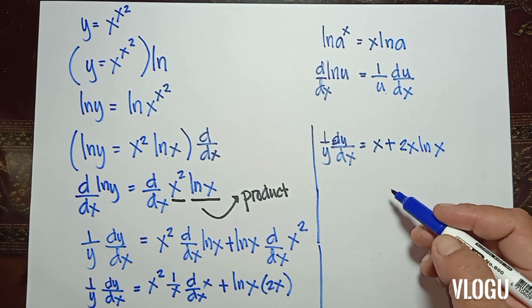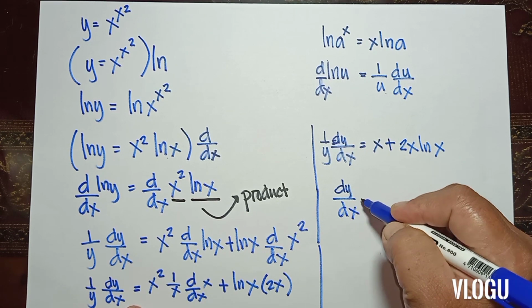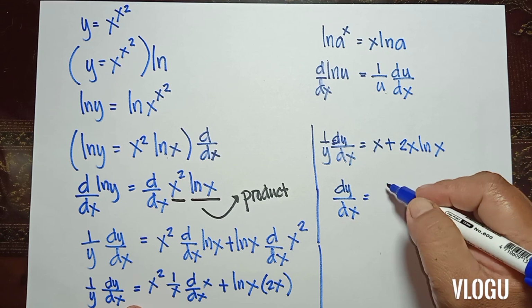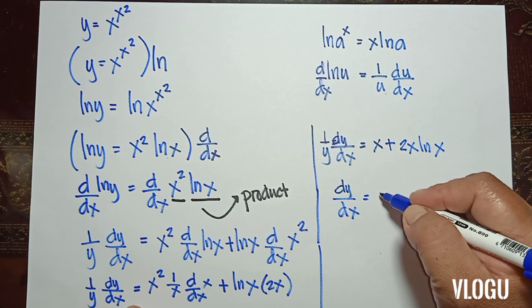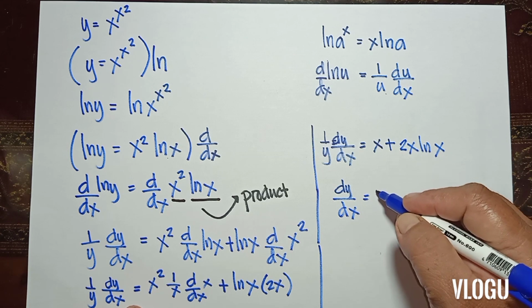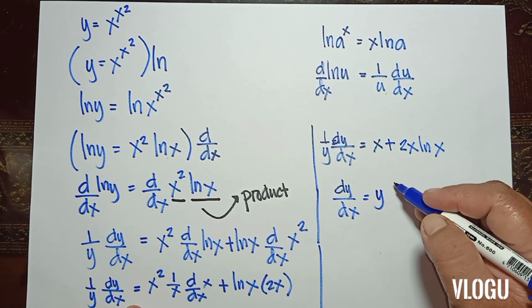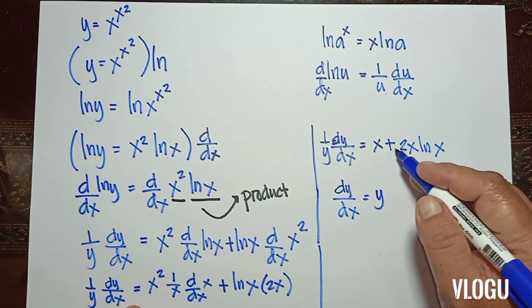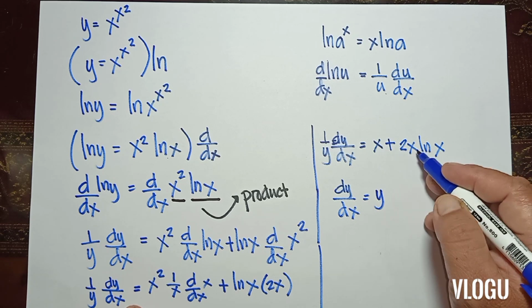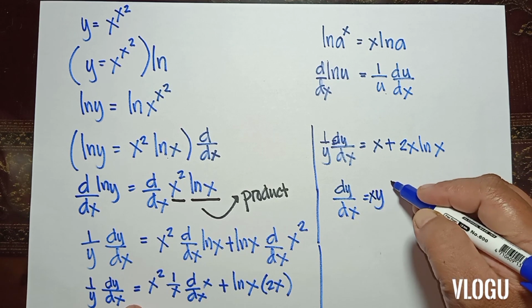So therefore, we have dy over dx equal to, cross multiply, we will have y. Okay. Cross multiplication. y. What is common here? x, x. So, you will have x y.